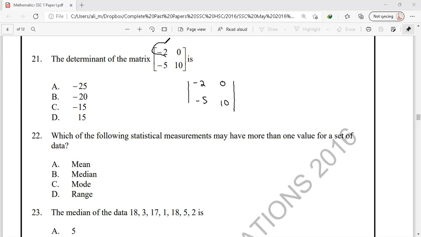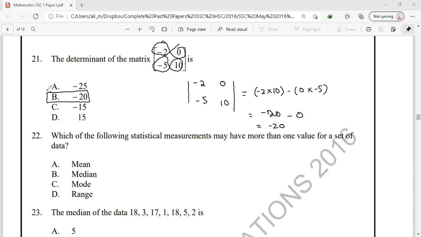So let's take the product of this and then the product of this, and subtract the two products. 2 multiplied by 10, and 0 multiplied by minus 5, with a negative sign between them. 2 into 10 is 20, minus 0. So the correct answer we have is minus 20, which is option B.